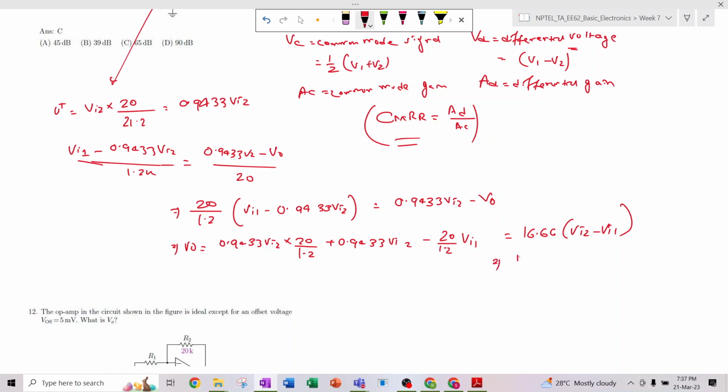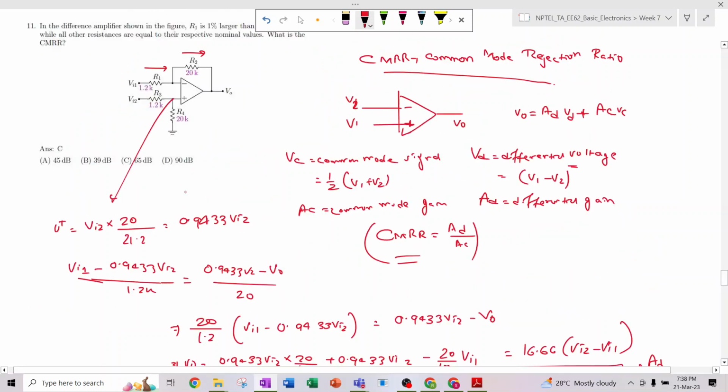So V0 divided by Vi2 minus Vi1 will be 16.66. This is known as the differential mode gain, AD. We can easily see that this is a differential amplifier.